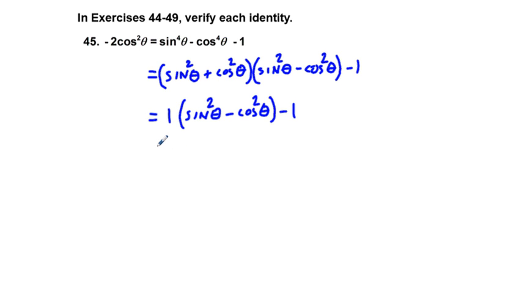And what we're going to do here is take this sine squared theta now, and if we remember, if we have sine squared theta plus cosine squared theta equals 1, we can rewrite sine squared theta as one minus cosine squared theta.